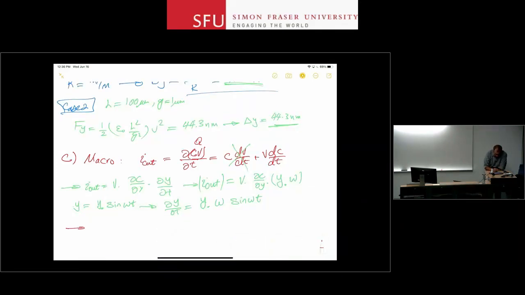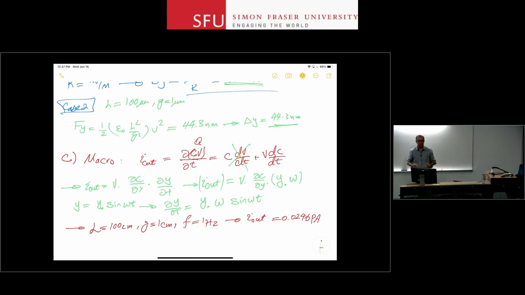At macro scale, if L is 100 centimeters, G is 1 centimeter and frequency is 1 hertz, then I can calculate I out to be 0.0246 picoamps, basically 25 femtoamps. That's a very small current.